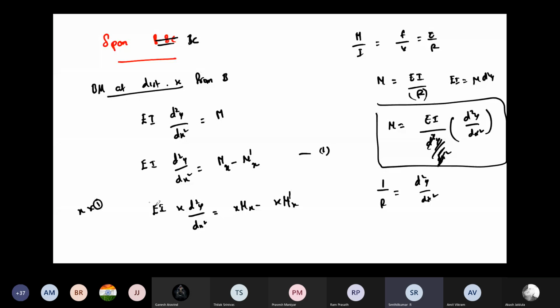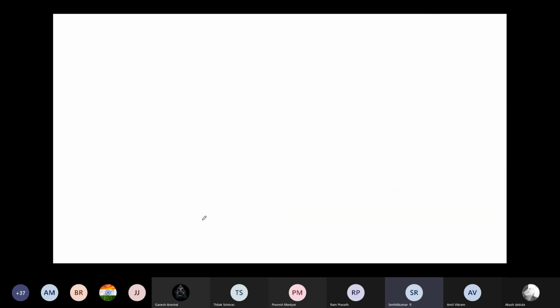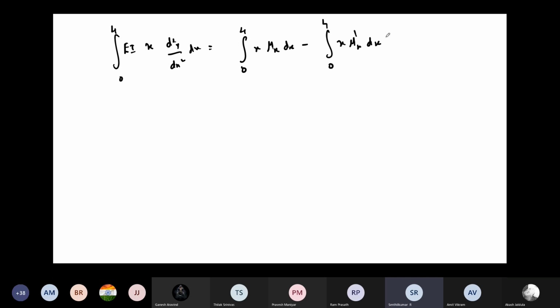So it will become EI integral 0 to L1 x d square y by dx square dx, equal to integral 0 to L1 x Mx dx minus integral 0 to L1 x M dash x dx. So this is the equation now.